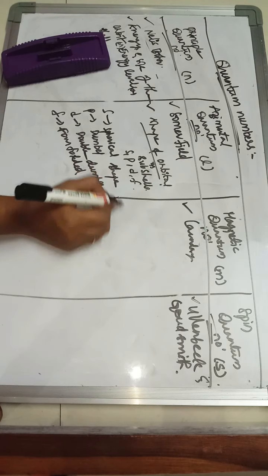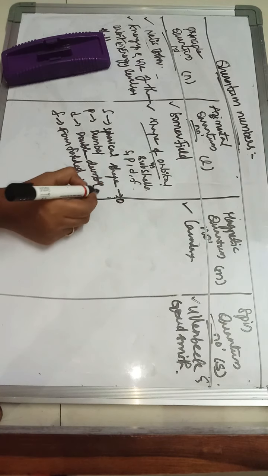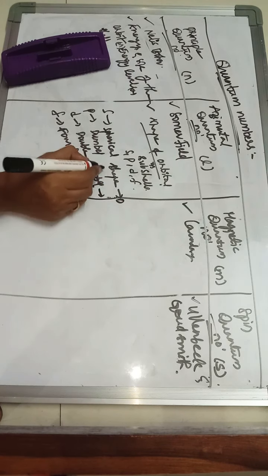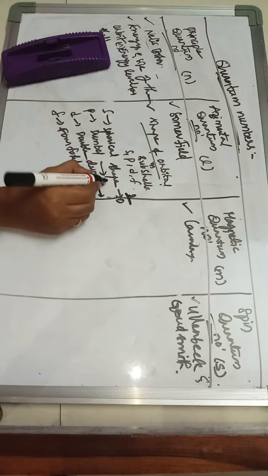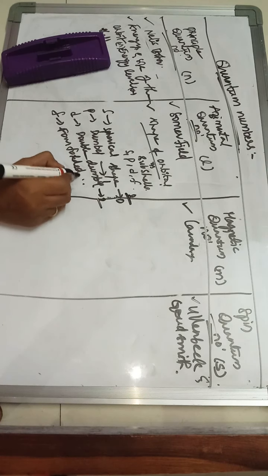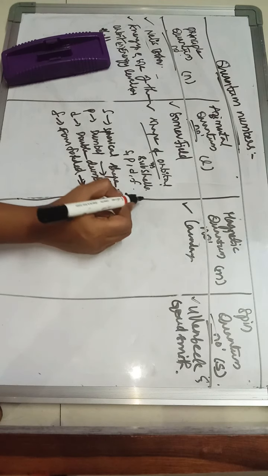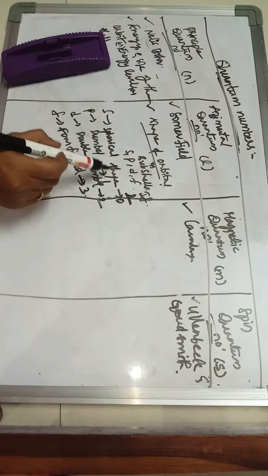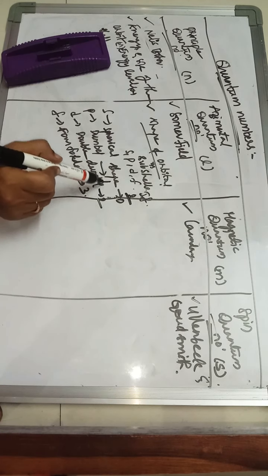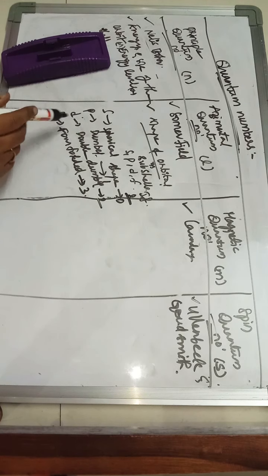And here in this L value, the azimuthal quantum number: S has L value 0, P having 1, D is 2 and F is 3. Okay, if L value is 0, that is S, which is spherical shape, and if L value is 1, that is P, that means dumbbell shape.